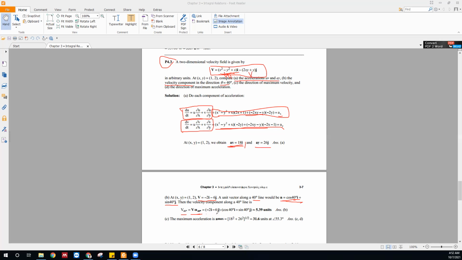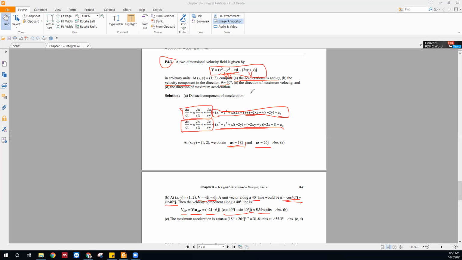Now, the v vector is this one, right? And the unit vector is this one. So if we take the dot product, the calculation will give 5.39. Now we don't have any unit given, right? So that's why it is just written as 5.39 units. So that's the answer for question number B.